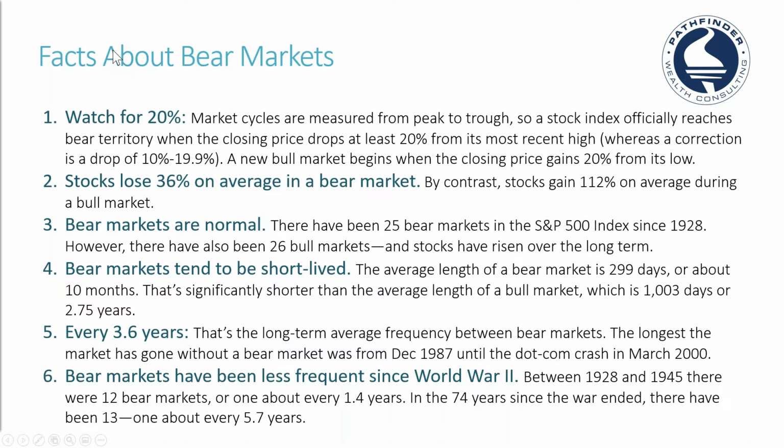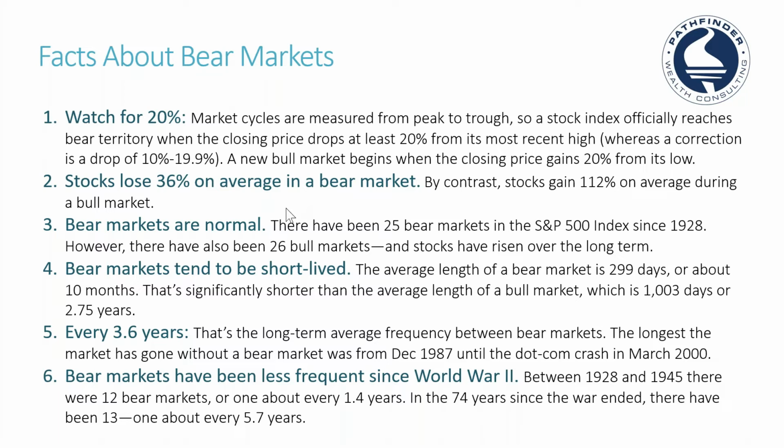So next, in front of you is some facts about bear markets, and these next couple of slides, there's 10 of these points, which I just think are very interesting. This slide goes against any type of PowerPoint presentation rules that you follow, because there's a lot of words. But this goes through some of the facts of bear markets, which I think are very interesting for people to understand.